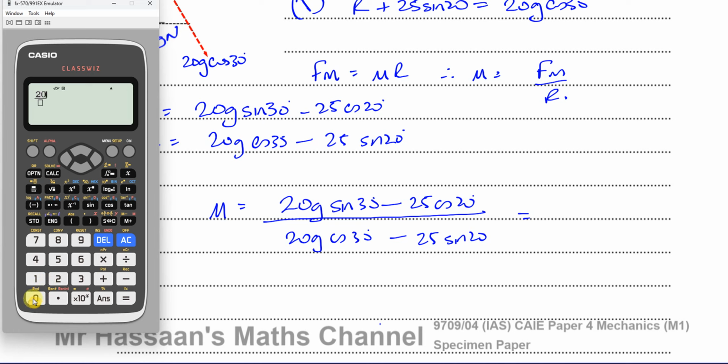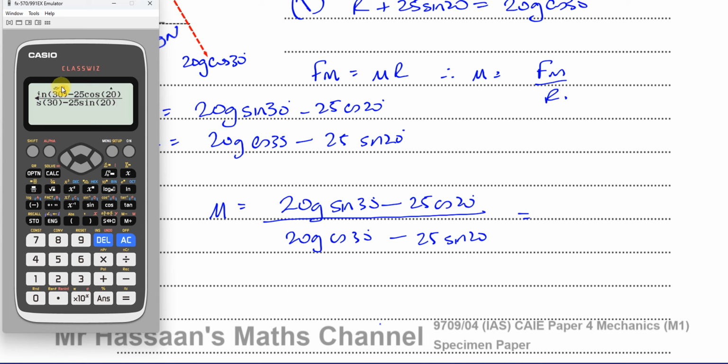So we have 20g, which is 20 times 10, 200, sine 30, minus 25 cosine 20. Make sure we haven't made a typo there. So 20g, which is again 200, cosine 30, minus 25 sine 20.